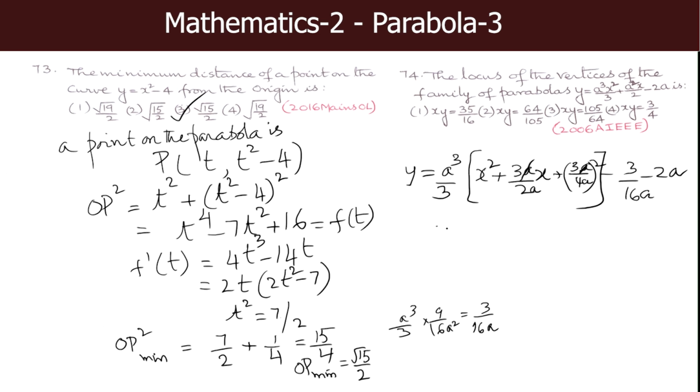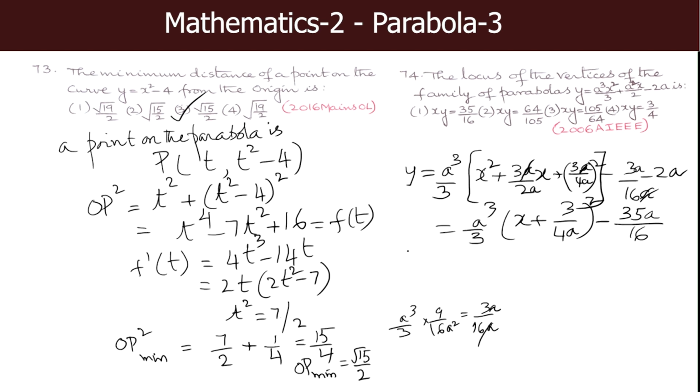So this is a cubed by 3 into x plus 3 by 4a whole square, minus 3a by 16. A cubed by a square is a. So minus 3a by 16 minus 2a, that is minus 35a by 16.